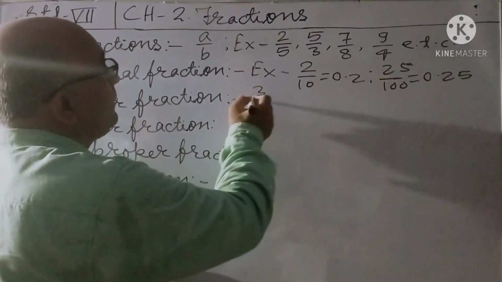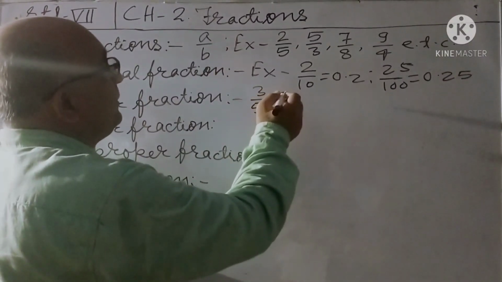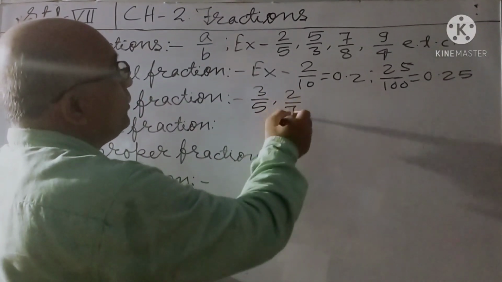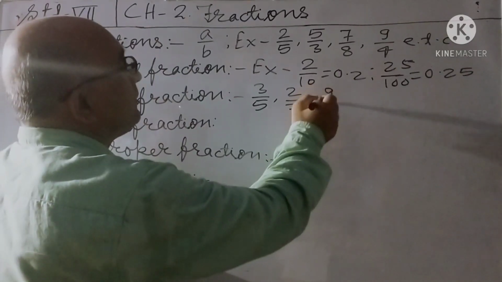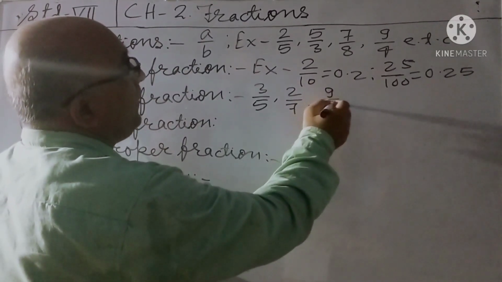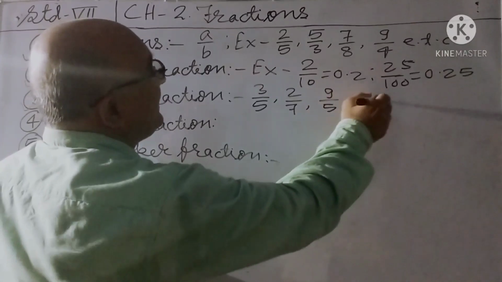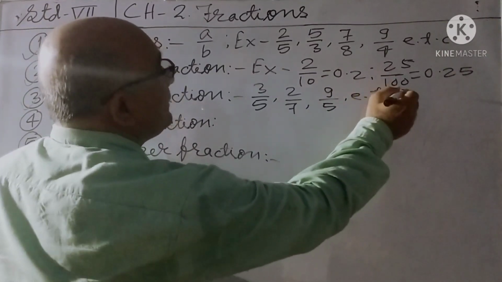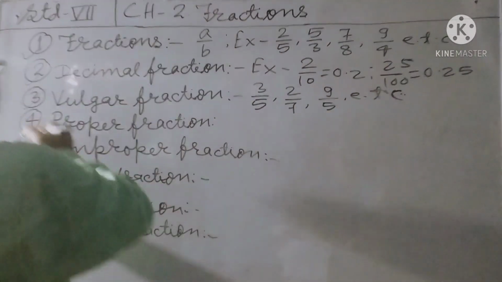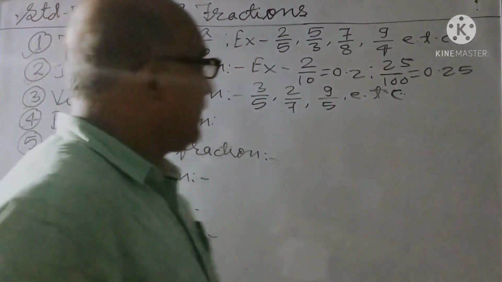Example: 3 by 5, 2 by 7, 9 by 5, etc. Next, proper fraction.